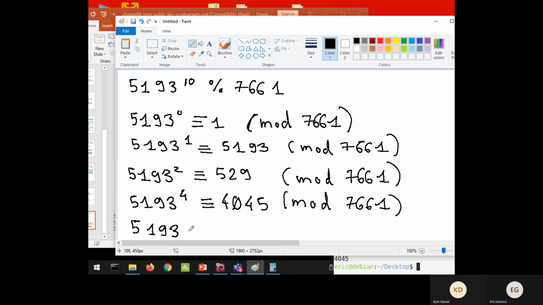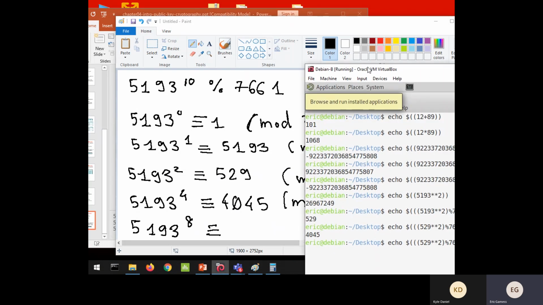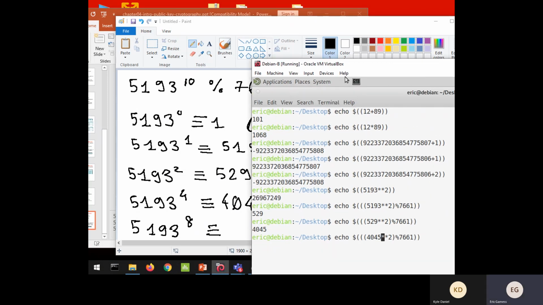Now, if I want 5,193 to the 8, I can take this one, multiply it by itself, modulus 7,661, and it will give me the result. So I'm going to take the previous result, which is 4,045, multiply by itself, which is the square, modulus 7,661.